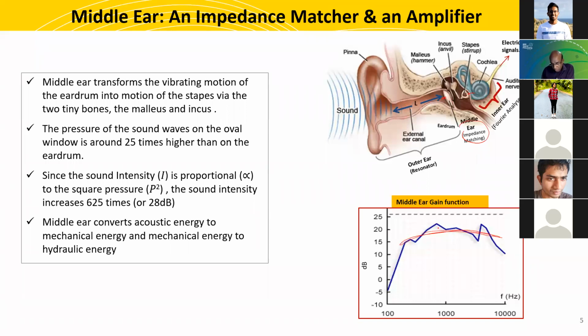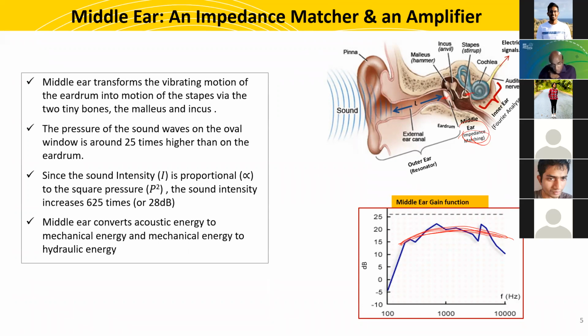It is still a bandpass filter, but a very broad bandpass filter. Because many of you are electrical engineers, I'm using that terminology. So it does the impedance matching to make sure the small variation here is amplified and given 25 times more than the pressure at that point.